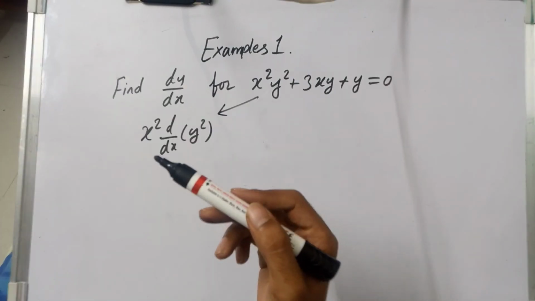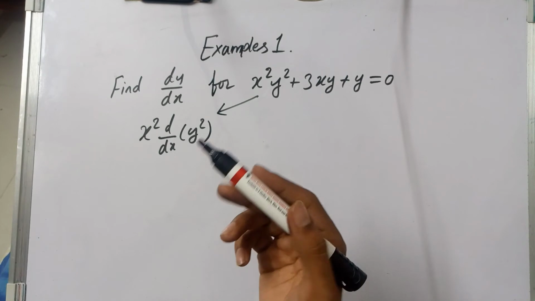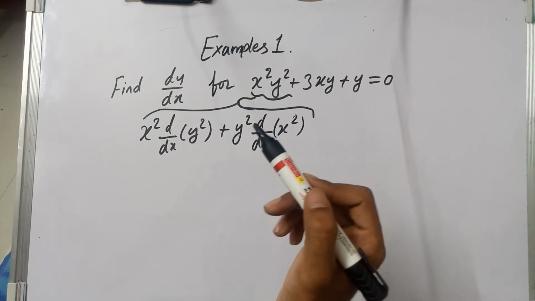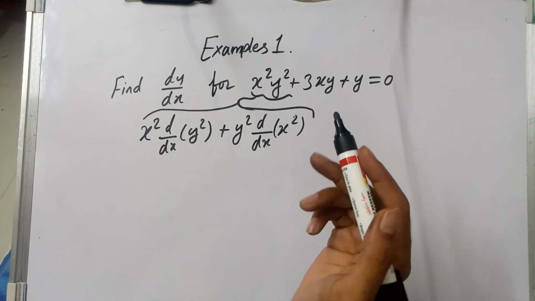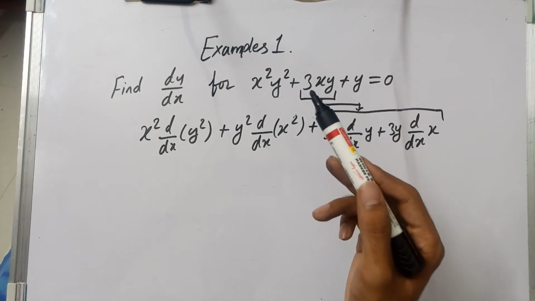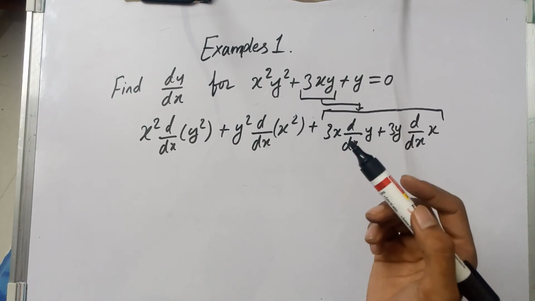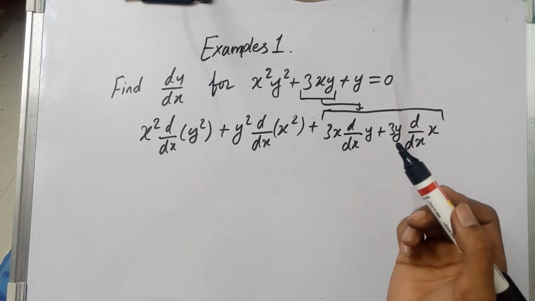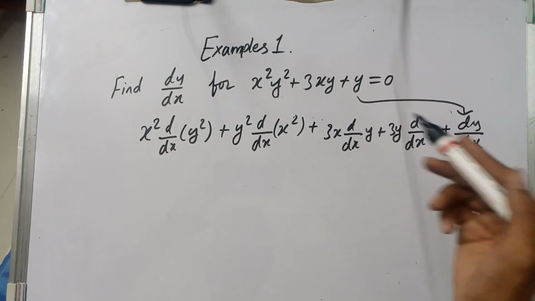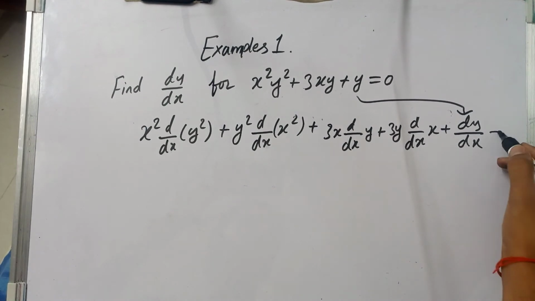So derivative gives x square into derivative of y square plus y square into derivative of x square, and 3xy is a derivative, it's 3x into derivative of y plus 3y into derivative of x, and derivative of y is equal to 0.